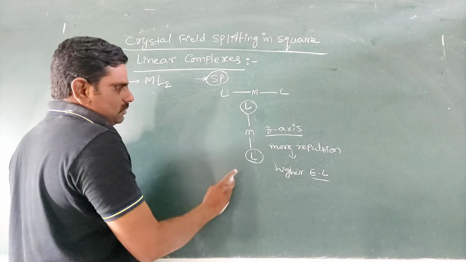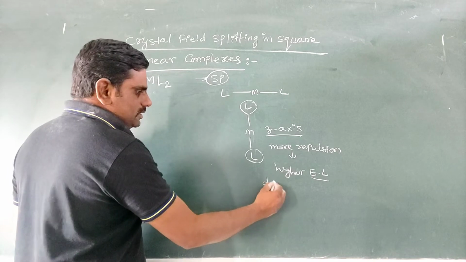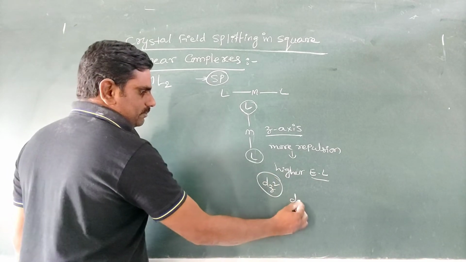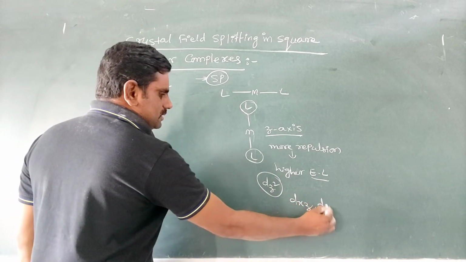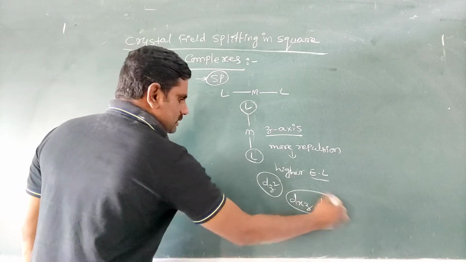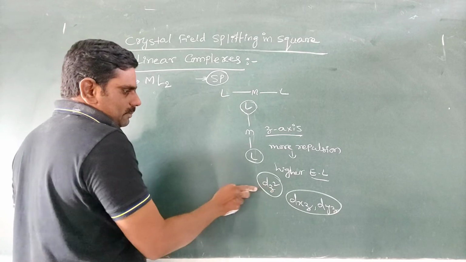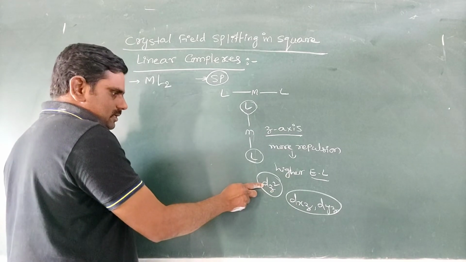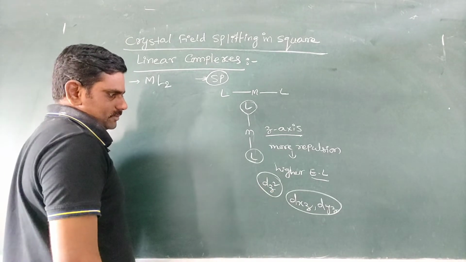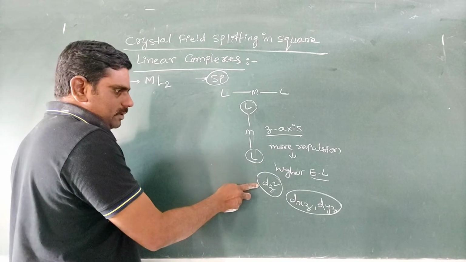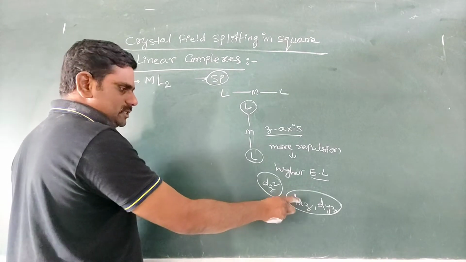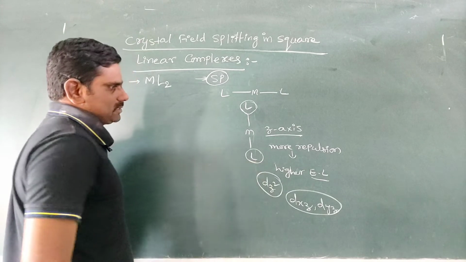And in this also, dz square is more in energy than that of dxz and dyz. It indicates that even in z component orbitals, the orbitals which are present along the axis are getting more repulsions when compared to the orbitals which are lying in between the axis.